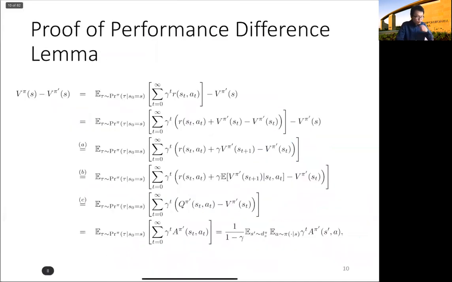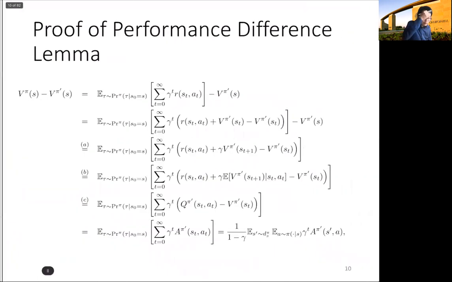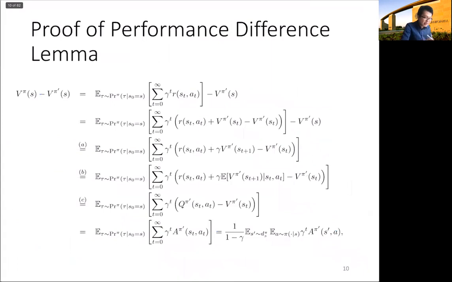Okay, so the proof of this is a couple of lines long, and let's look at it together. In the first step, we're basically applying the definition of the value function, right? First of all, it suffices to show this for every s. Then it applies for all distributions mu together, right? So for each initial state S, we can apply the first principle definition of this value function.